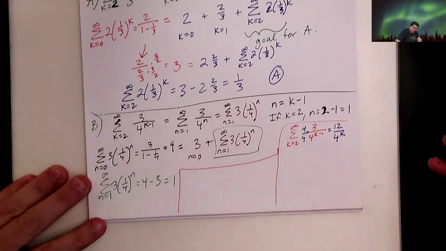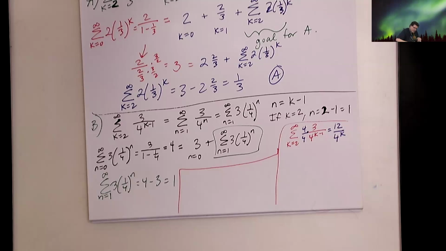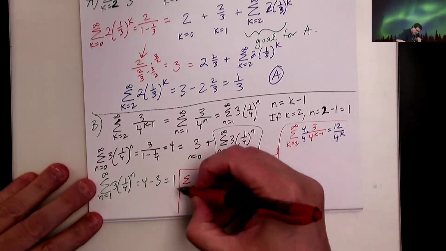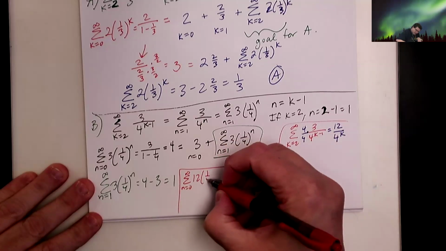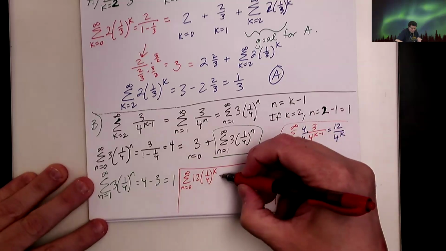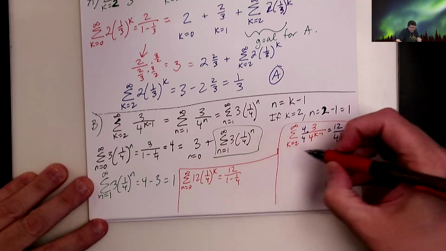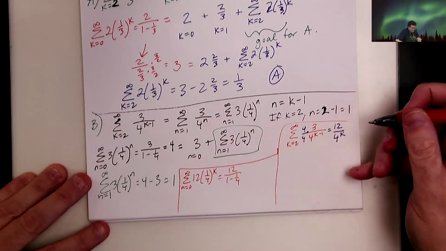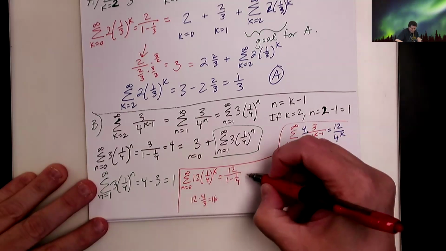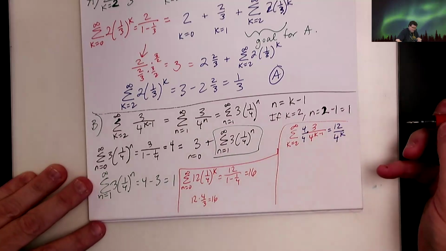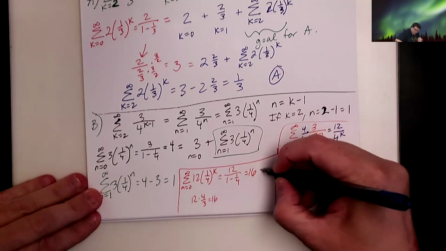Let's look at that way real quick. So that's 12 times 1. This ends up being, and I'll do the n equals 0 case, 12 times 1/4 to the k, which is 12 over 1 minus 1/4. Twelve times 4/3 is 16. But we need the k equals 0 term and the k equals 1 term.